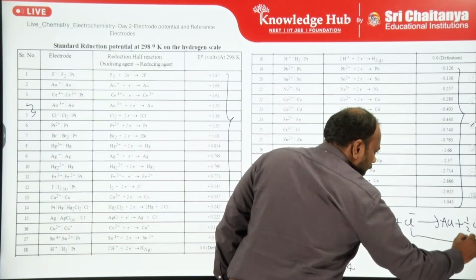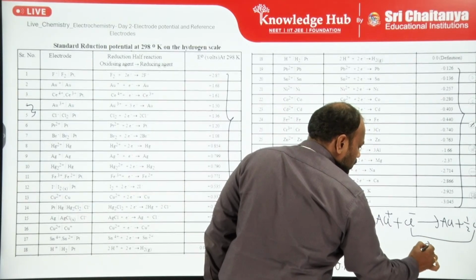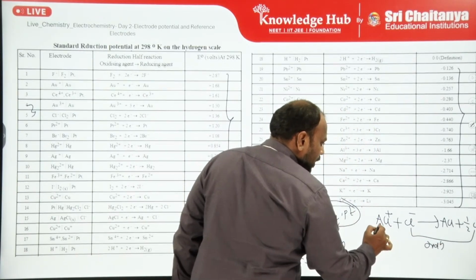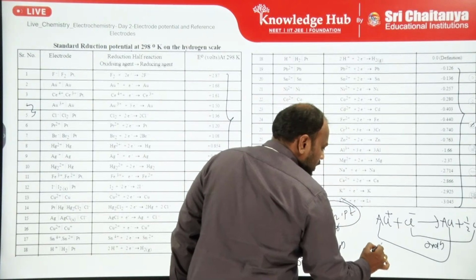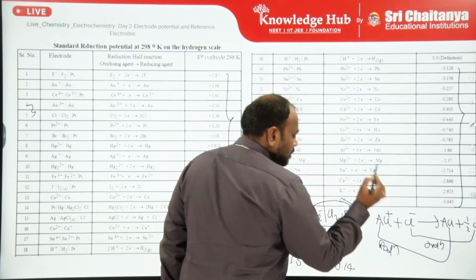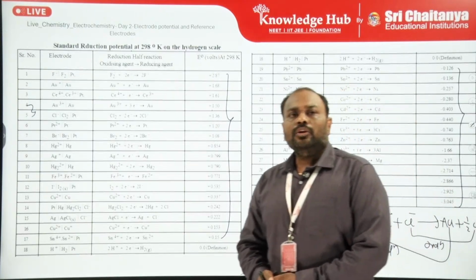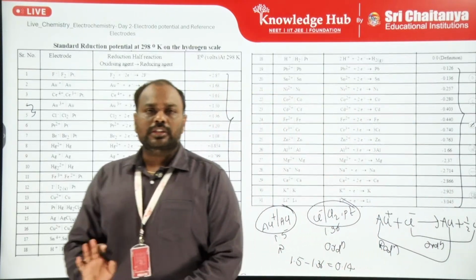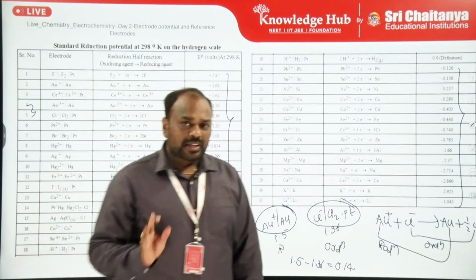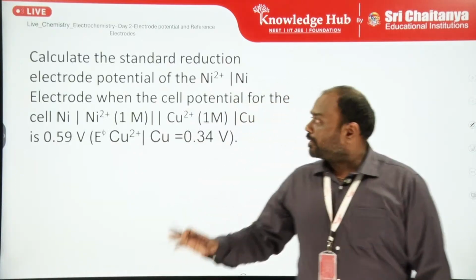From here to here the electron is lost, so that is oxidation. From here to here is reduction. In this way we identify that the highest value undergoes reduction and the lowest value undergoes oxidation. Okay. Now based on this we will discuss one problem.